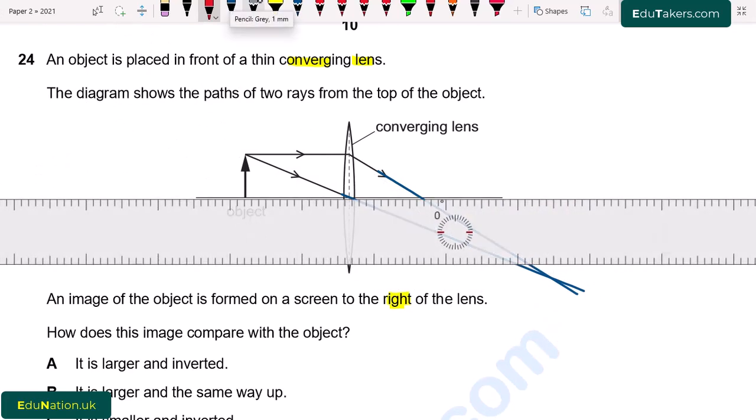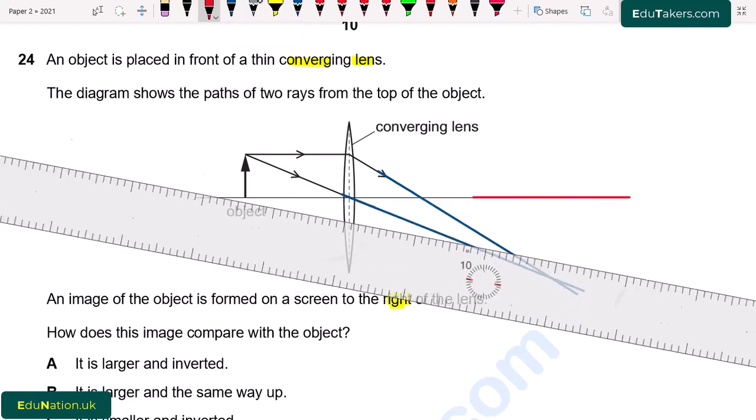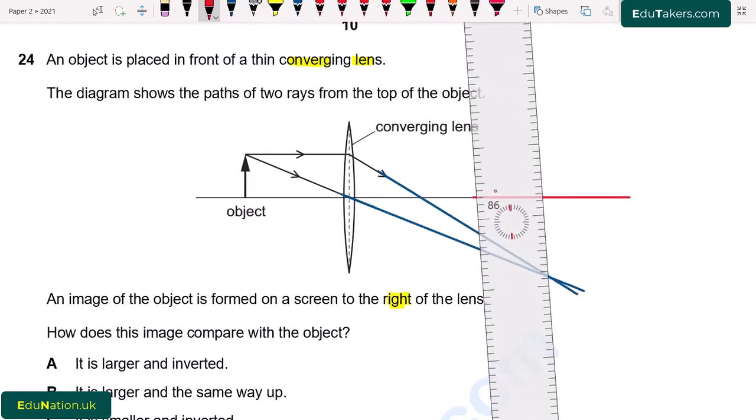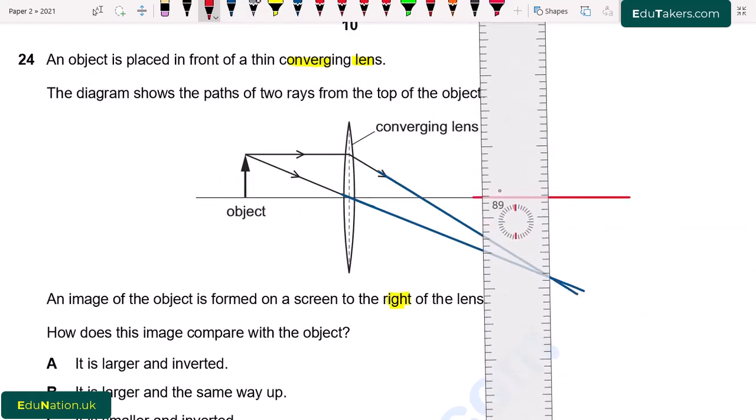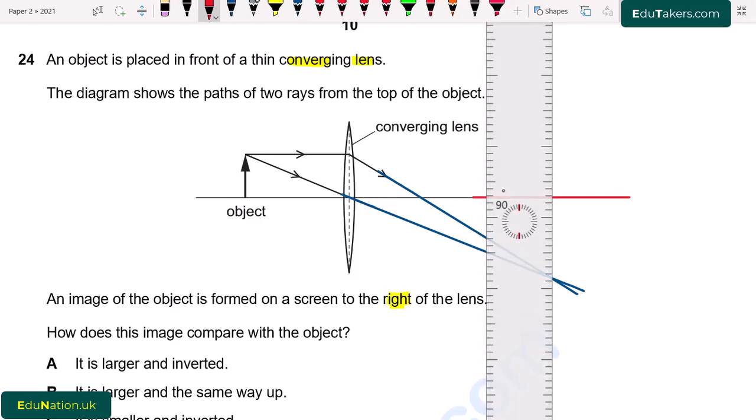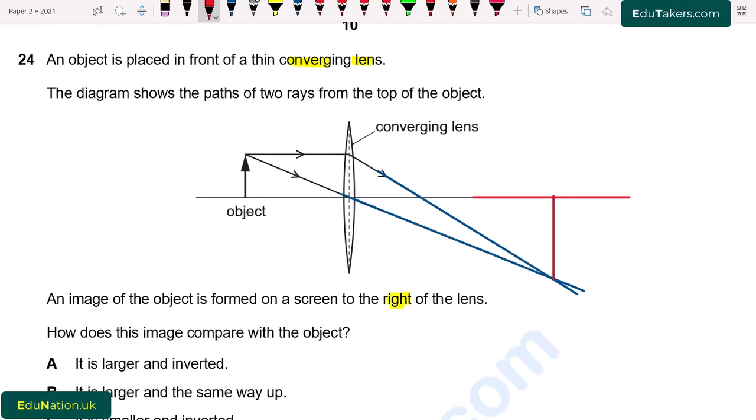I also extend the principal axis here, and the point where both of these rays intersect is actually the position of the image. So this is our image I.